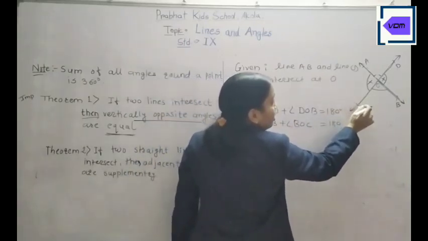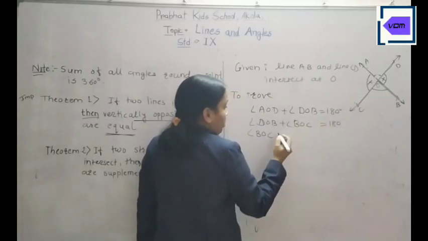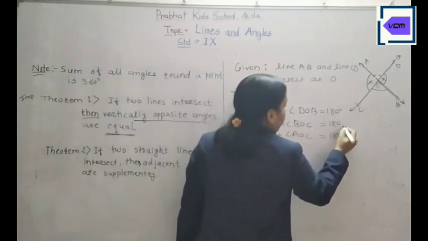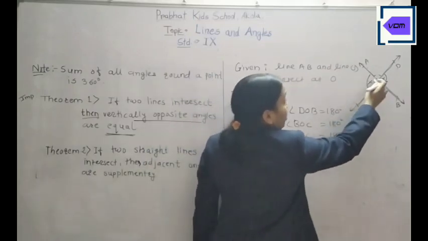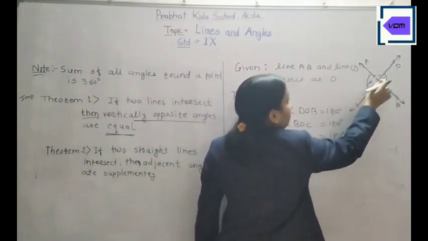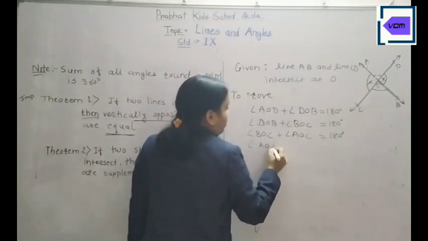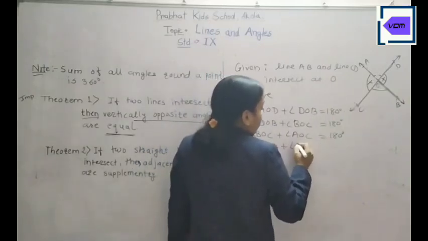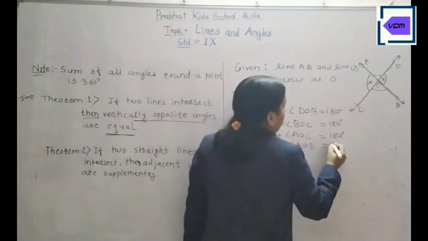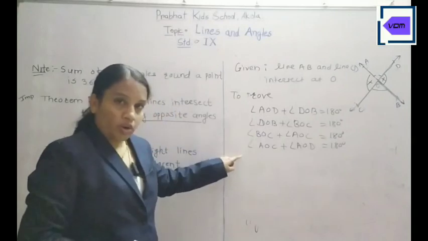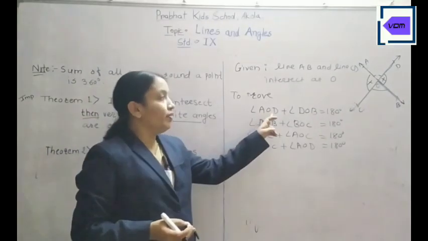Another adjacent angle to BOC is AOC: angle BOC plus angle AOC is equal to 180 degrees. And again for AOC, one adjacent angle is AOD: angle AOC plus angle AOD is equal to 180 degrees. That is what you have to prove, but you need not prove all of these. You just prove any one case.